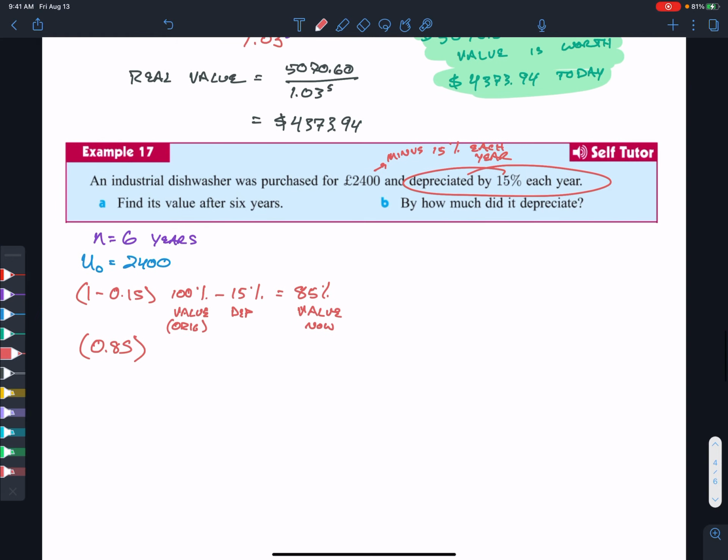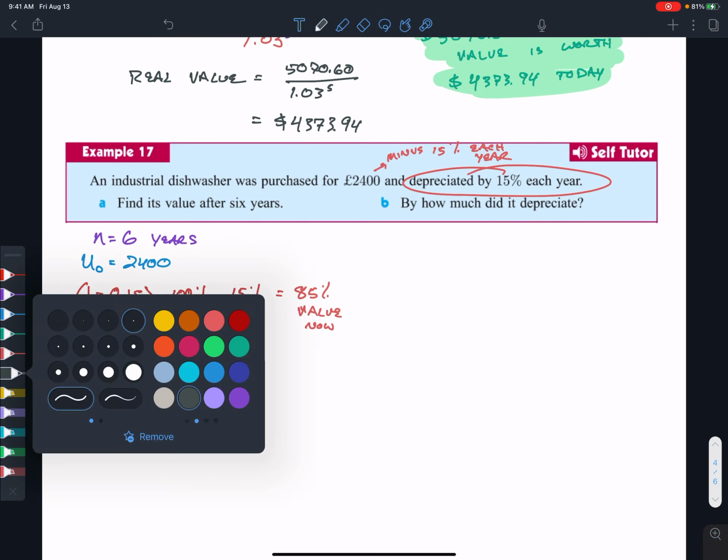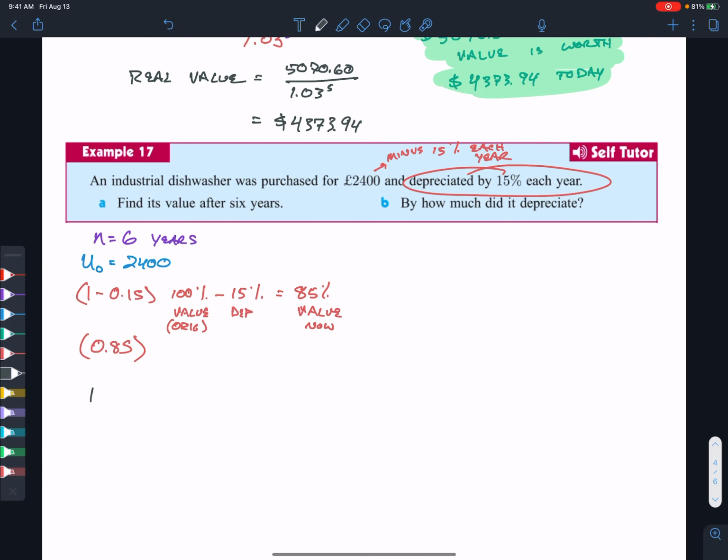So now when we calculate this whole thing, we've got u of 6 is equal to 2,400 times our depreciated rate, which is 0.85. So notice this is going to be less now, right? Because we don't have the 1 in here.